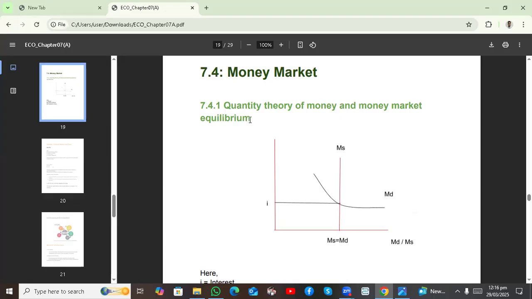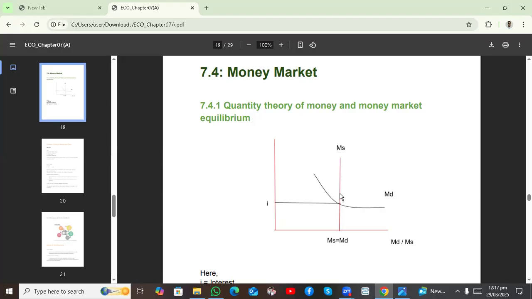Now, we see 7.4.1, quantity theory of money and money market equilibrium. Here we can see a graph between interest rate (i) and demand for money or supply of money, MD and MS. So here you can see two curves, the MS curve and the MD curve.